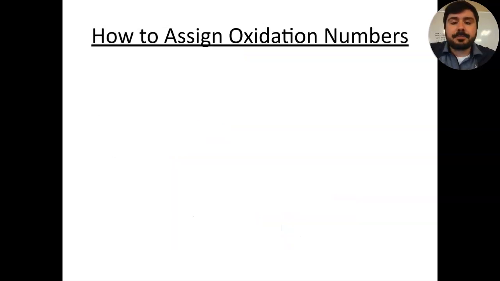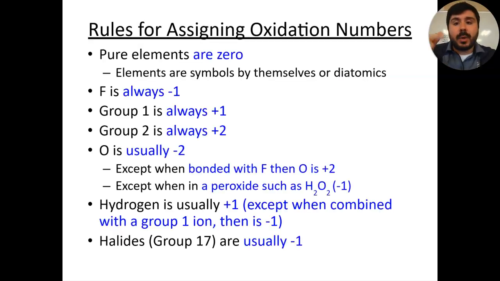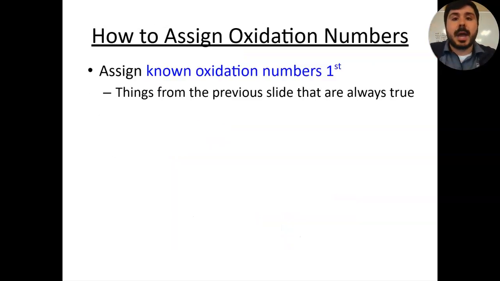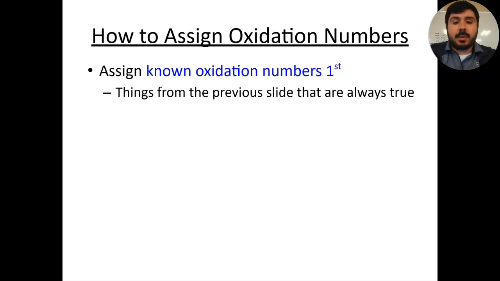Okay. Now, how do we go about assigning oxidation numbers? Again, this is all review, so I'm going to go a little bit faster here. Again, always start out with what you know. Any of our always cases that are here, right? So if you see fluorine, group 1s, group 2s, you're always going to assign your known oxidation numbers. Okay. Then you're going to assign things that are usually true from the table on the previous slide as well, right?